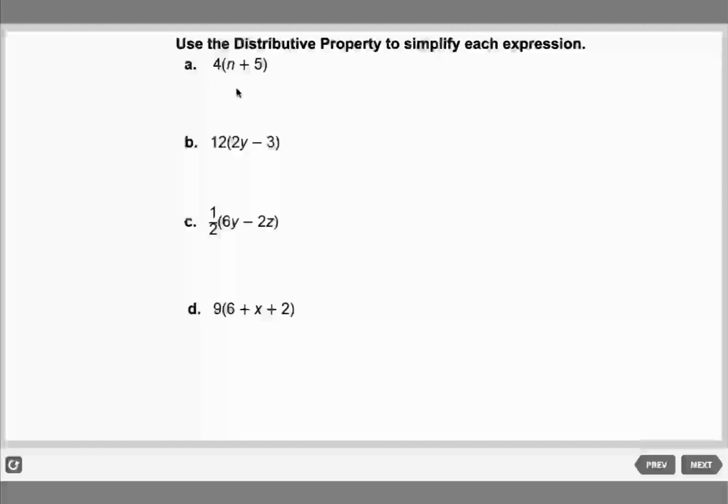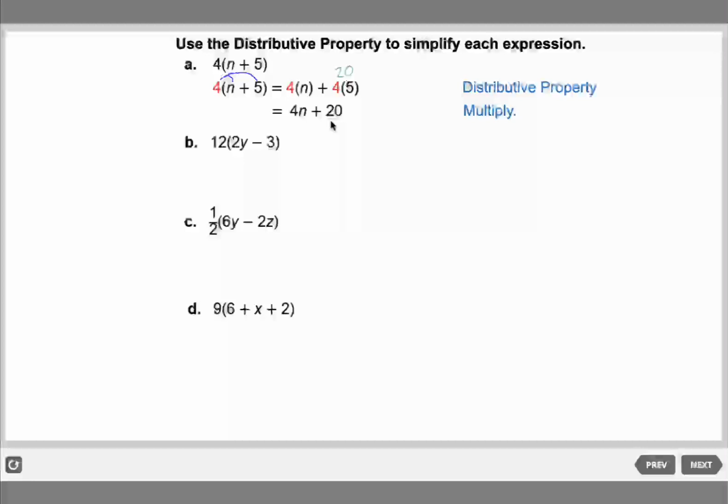So 4 times n, and 4 times 5. 4 times n means 4n. And of course 4 times 5 equals 20. Let's see the next one.